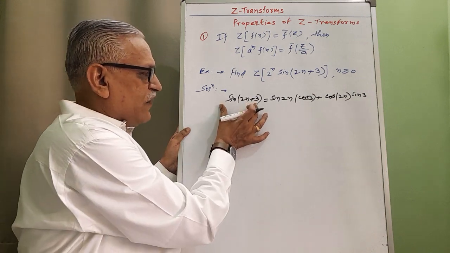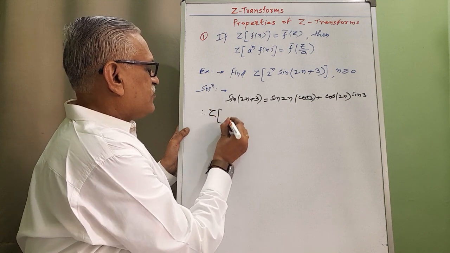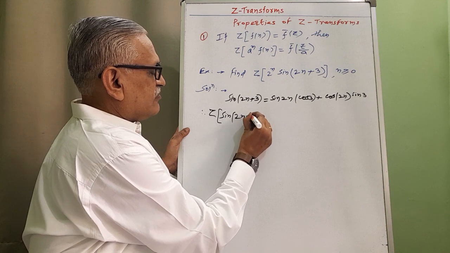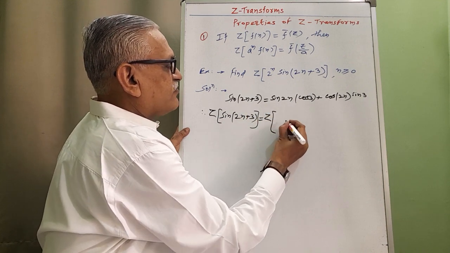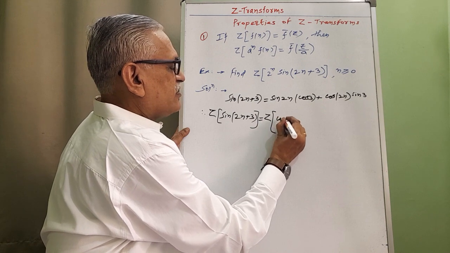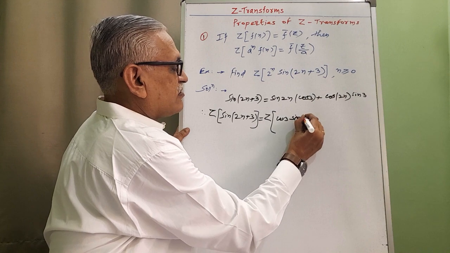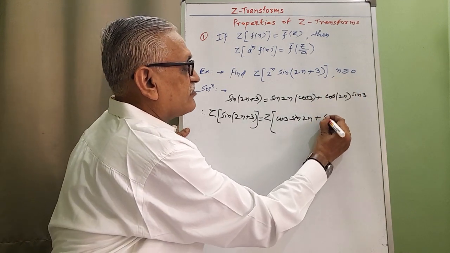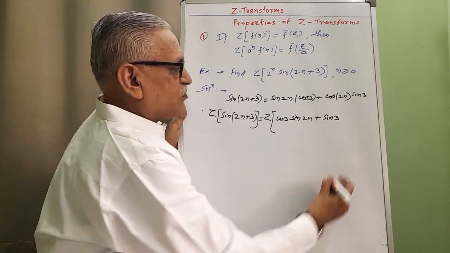Then we find Z transform on both sides, and therefore Z transform of sine of 2n plus 3 means Z transform of right hand side term. It is cos 3 into sine 2n plus sine 3 into cos of 2n.